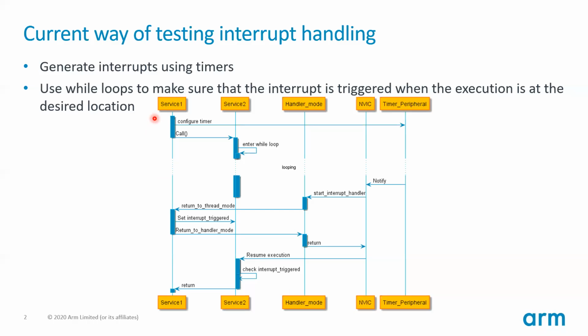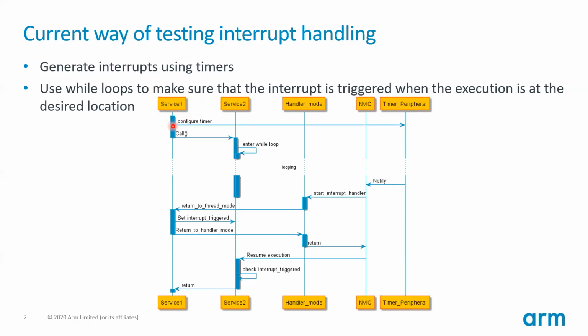In this test case, we want to trigger an interrupt that is handled by secure service 1, and we want the interrupt to be triggered when we are executing in secure service 2. Because service 1 is handling the interrupt, it owns the timer peripheral.